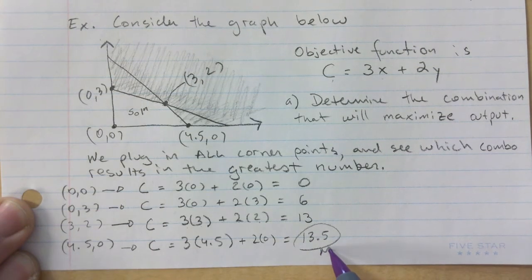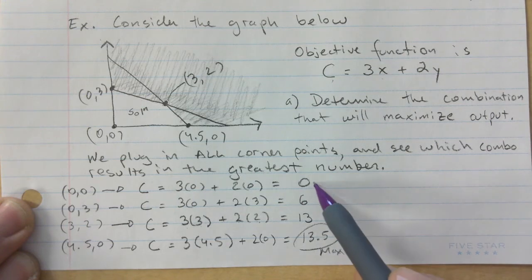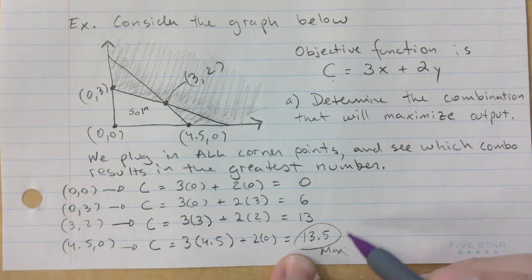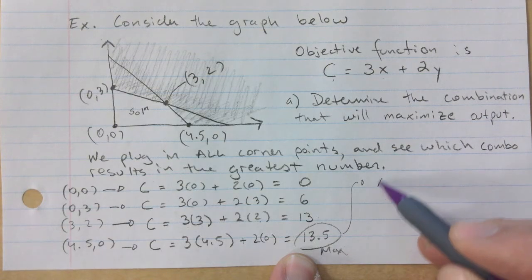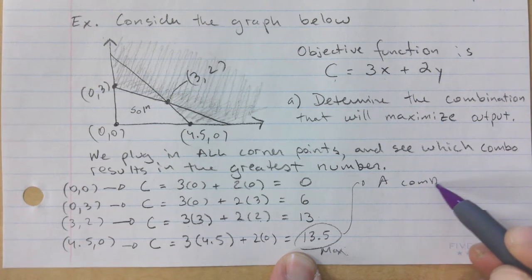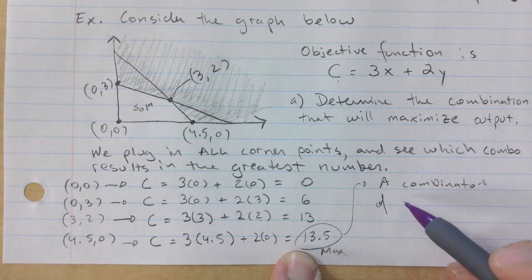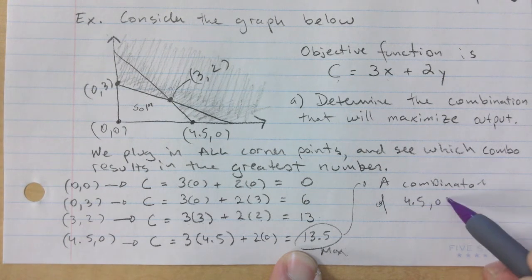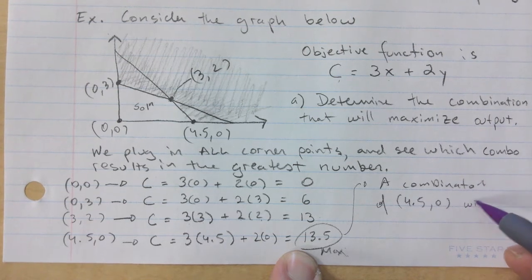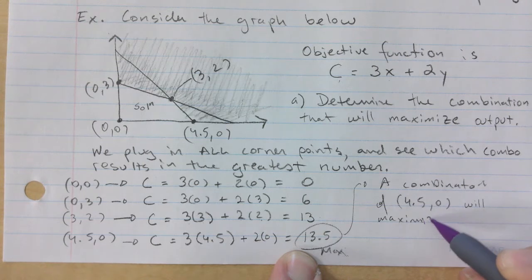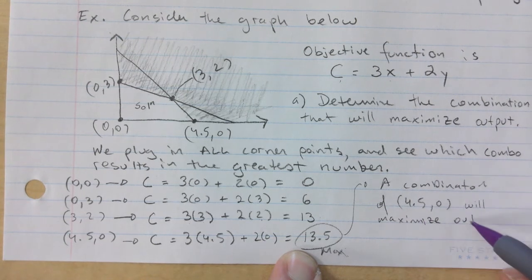This will be the maximum here, right? Out of all the combinations, this combination down here results in the maximum output. So we'll say conclude a combination of 4.5 and 0 will maximize output.